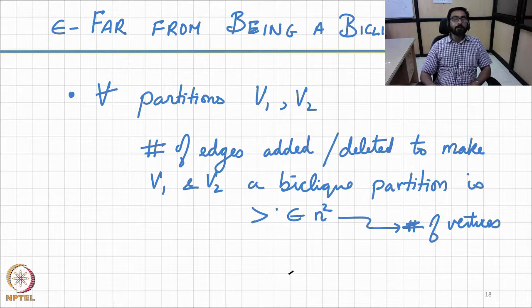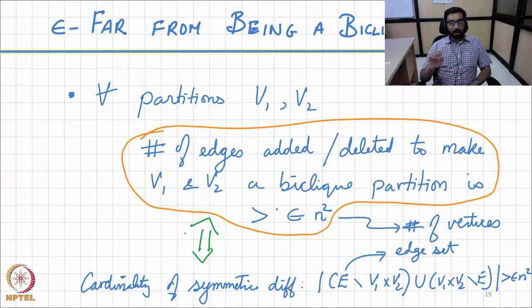Another way of succinctly saying the same thing is that the cardinality of the following symmetric difference, in particular E minus V1 cross V2, these are the edges that are in E that shouldn't be in the biclique partition, union V1 cross V2 minus E, these are the edges that should be there but are missing.